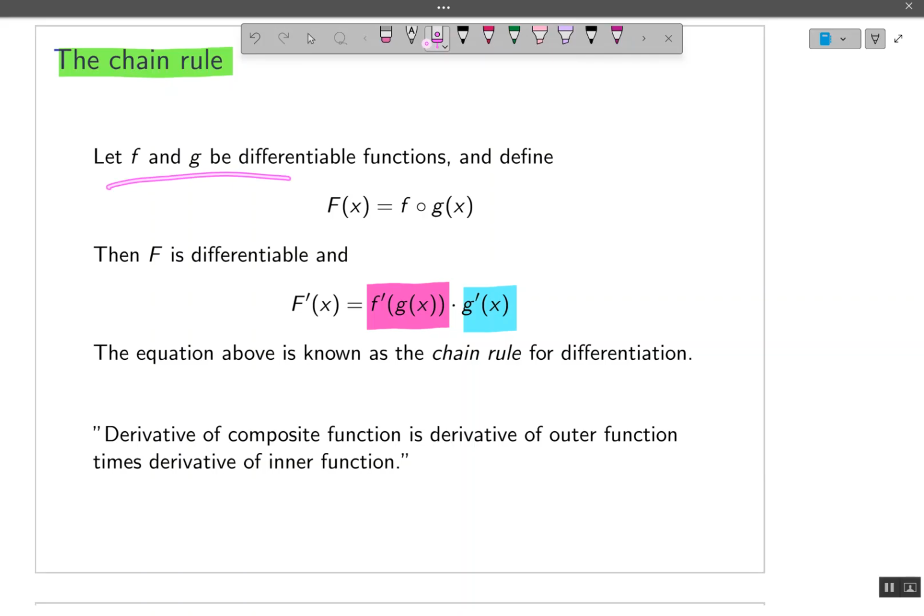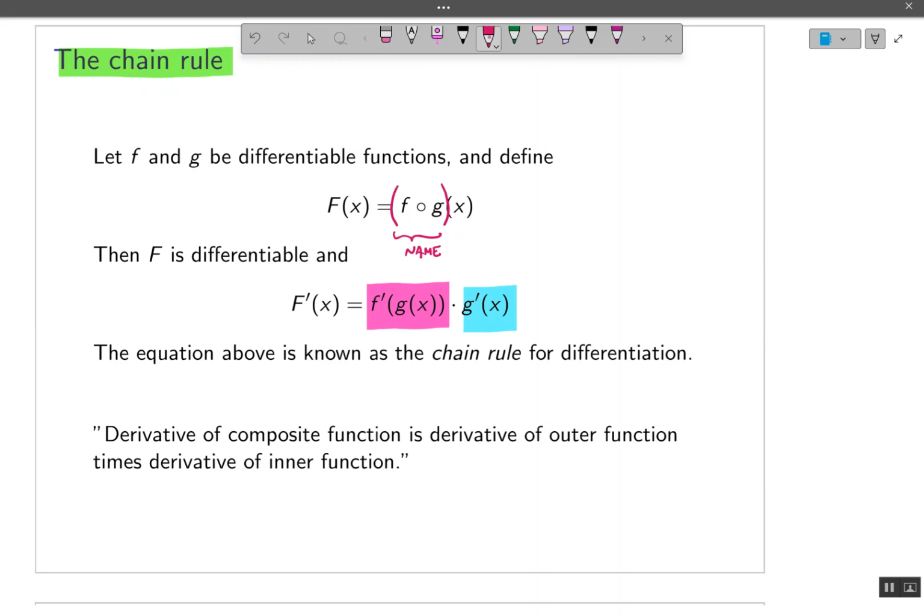So let f and g be differentiable functions. That means you can take the derivative. And define big F of x equals f composed with g of x. This is just the name for the composition of functions.